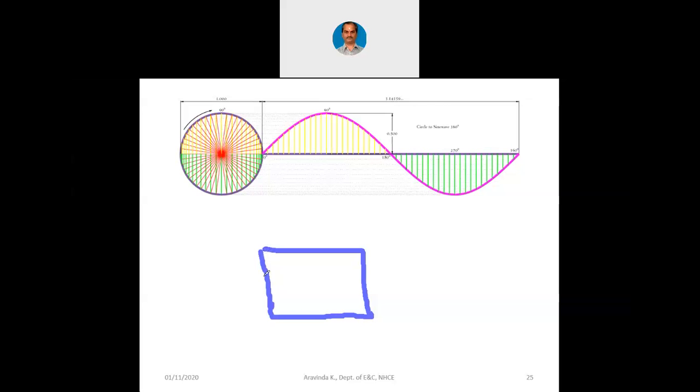When it is a rectangle, we know that the line is going up and remaining horizontal, then coming down, remaining horizontal. That means it is discrete. Discrete in the sense it is distinct. The line remains at 90 degrees, then abruptly takes a 90-degree turn, becomes horizontal until some point, again comes down, again goes left.